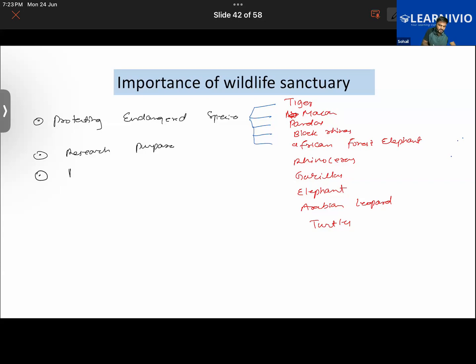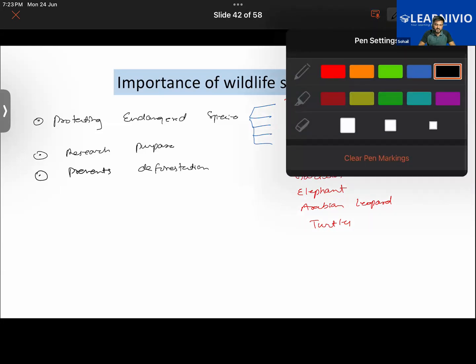Yes, it prevents deforestation. So everything is linked together. It is meant to protect the wildlife, the wild animals, and thereby you can't cut down the trees. Getting it? Okay.